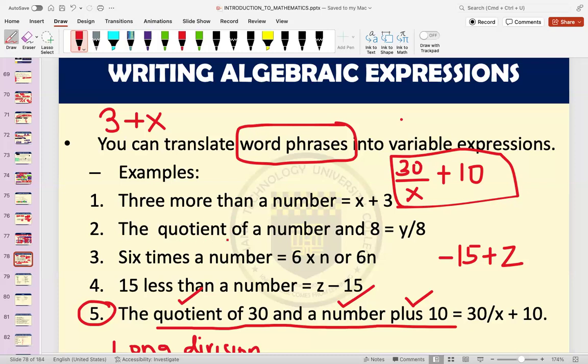So you just watch the order. The quotient of a number, so the number comes first, and 8. And this one, the quotient of 30 and a number. So the 30 comes first before the number you don't know.